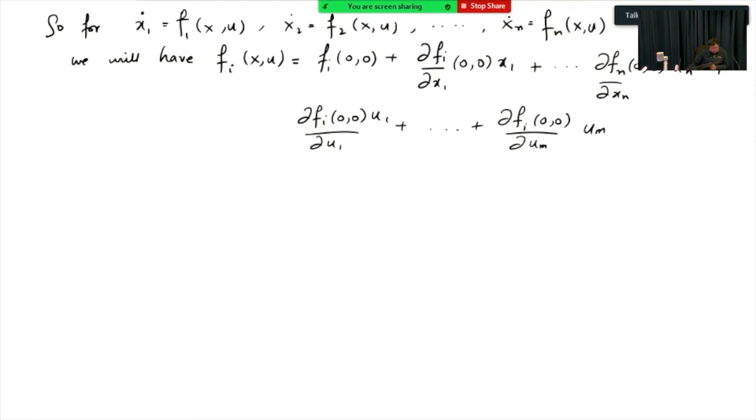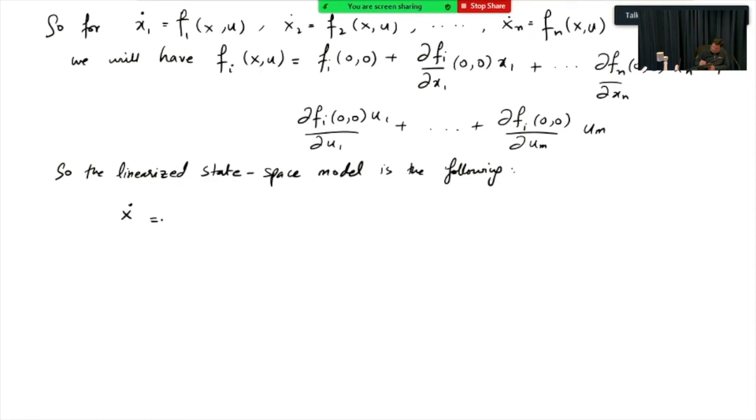So that's the linearized function approximation. If you write it in matrix form, the linearized state space model is the following. It's just the translation of this into matrix form.